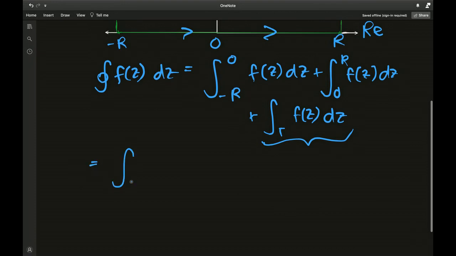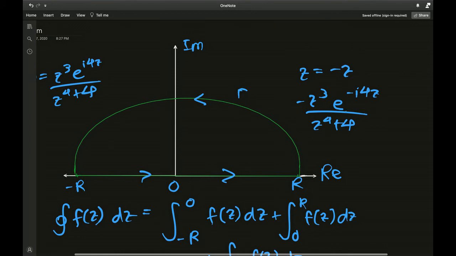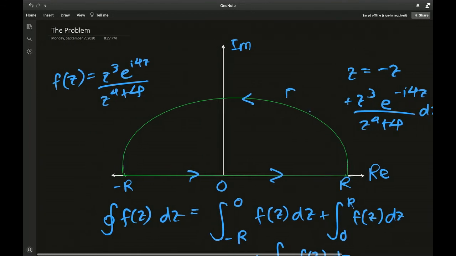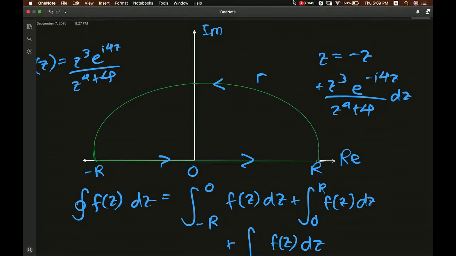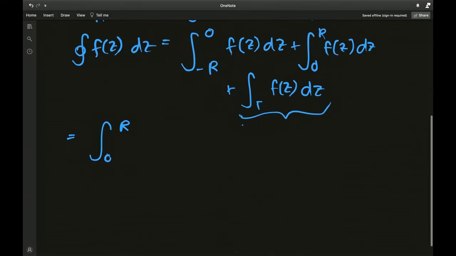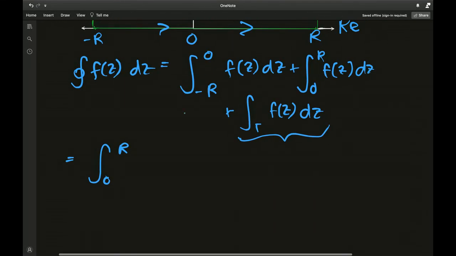We can write that now going from 0 to r, and we'll have a negative by the dz that will cancel out with this one. But we'll need another negative to correct the order from r to 0 into 0 to r.